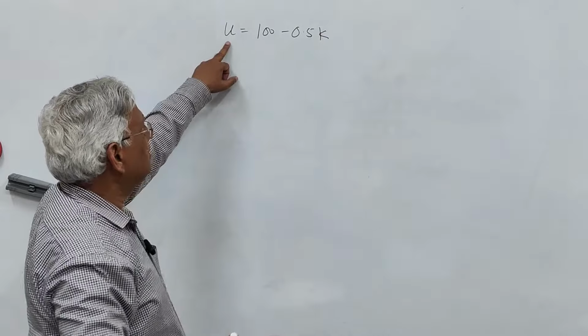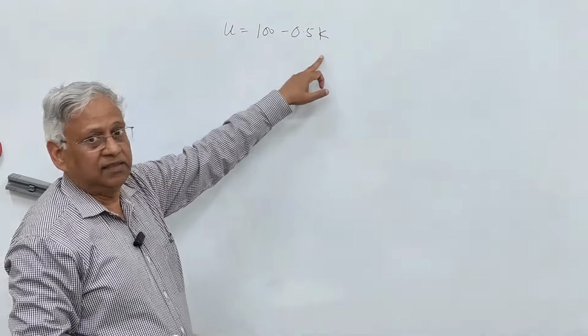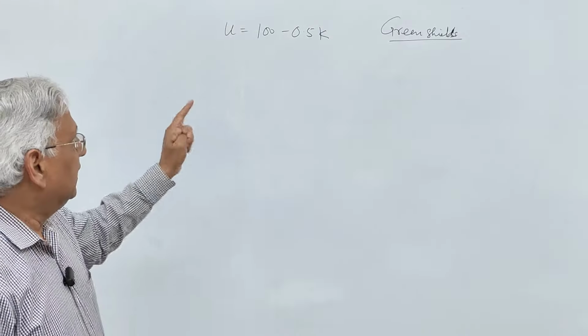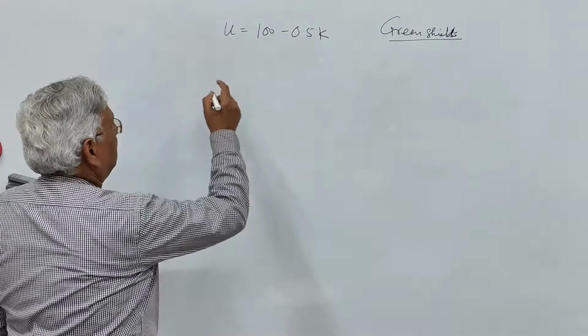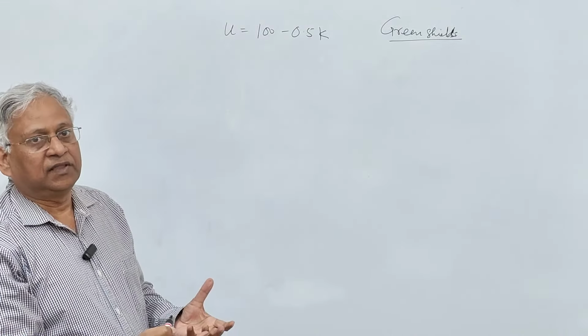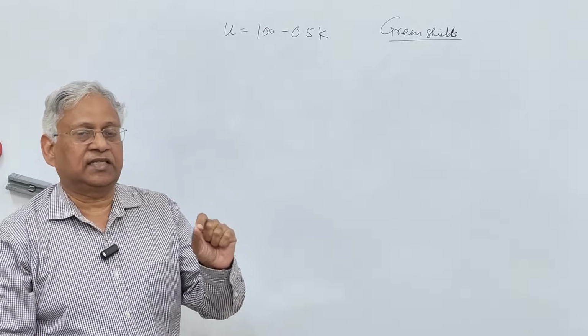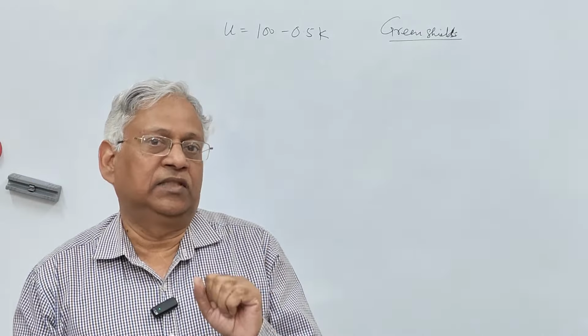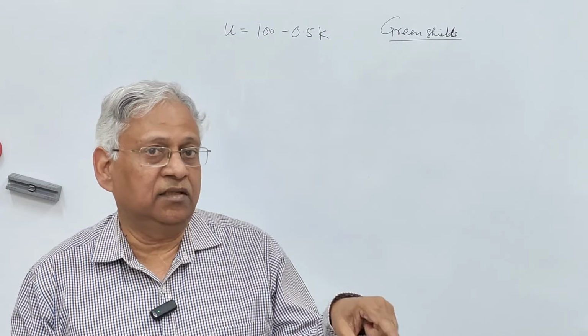Because there is a linear correlation between speed and density, so it is a Greenshields model. In that case, you can find out what is the jam density and what is the free flow speed, and use the equation that the Q maximum is half of the free flow speed multiplied by half of jam density, as I told you in question number 2.